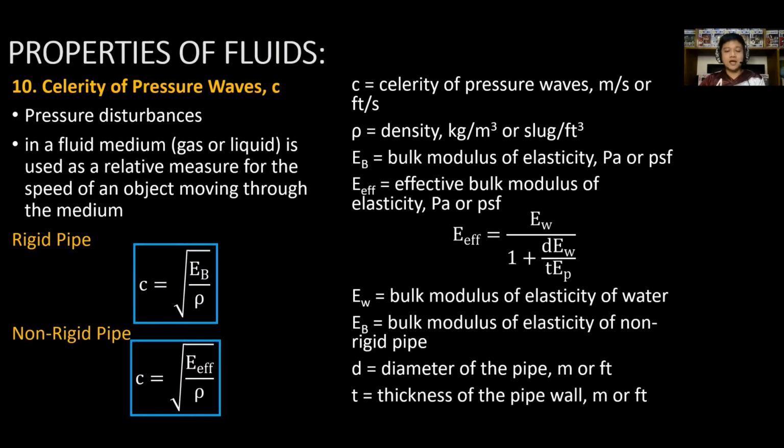Rho again is the density, E sub B is the bulk modulus of elasticity, E sub F is the effective bulk modulus of elasticity, or again, another term for this E sub F is the composite bulk modulus of elasticity, with units pascal or psf. And E sub F is equal to E sub W, the bulk modulus of elasticity of water, over 1 plus D, the diameter of the pipe, times E sub W over T, the thickness of the pipe wall, times E sub P, the bulk modulus of elasticity of the non-rigid pipe.